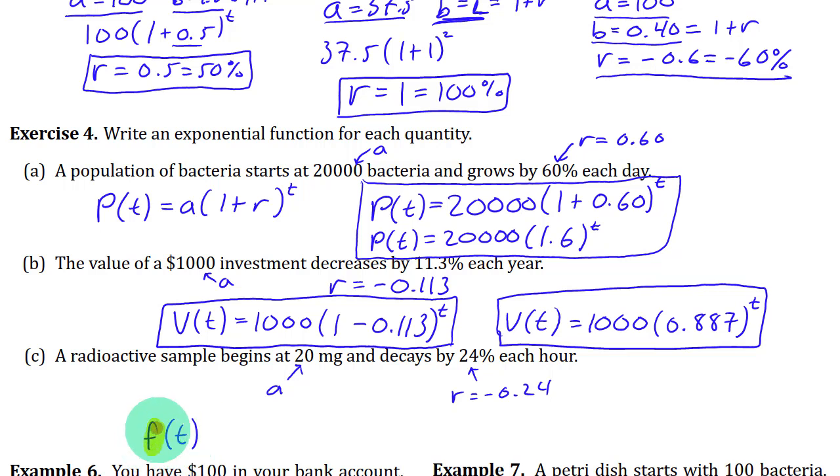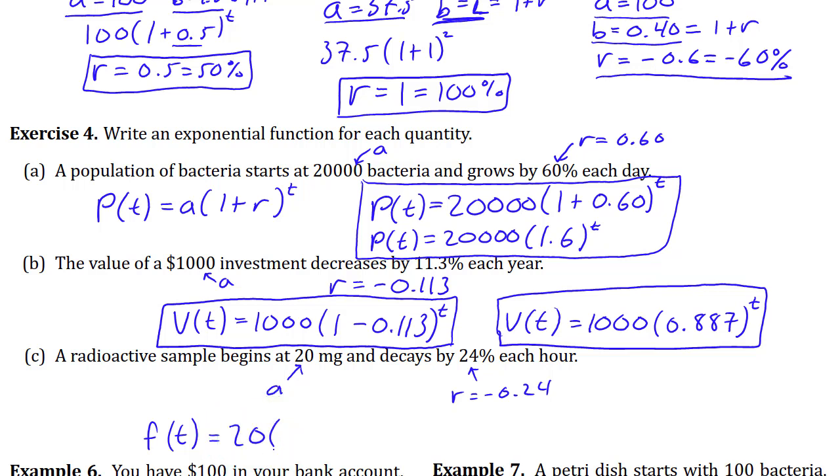By the way, it doesn't matter what you use for the name of your function. You could just say y equals if you want. It doesn't really matter. That's whatever you feel like. I'm just using P for population and V for value and F because I don't know what else to call this.